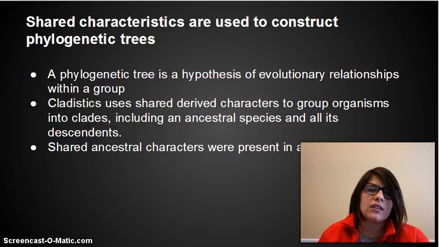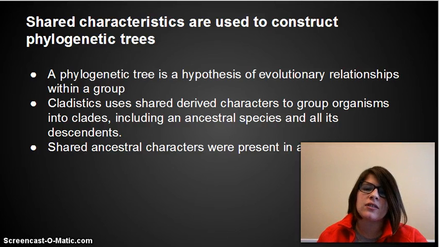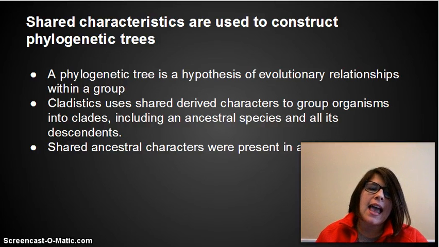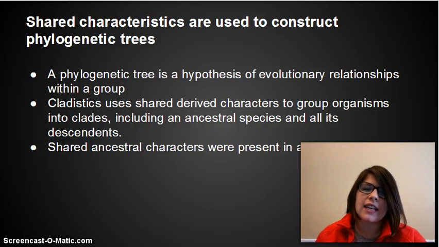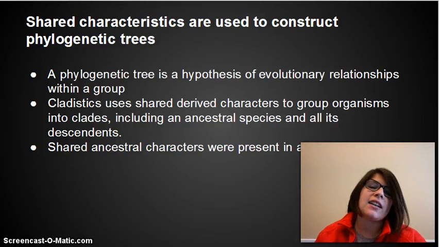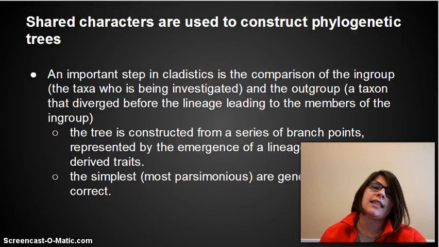Cladistics uses shared derived characters to group organisms into clades, including an ancestral species and all its descendants. So we're just looking at that same lineage over and over, and we're seeing these different characters and characteristics. And shared ancestral characters were present in all of our ancestral traits and our ancestors in our lineage.